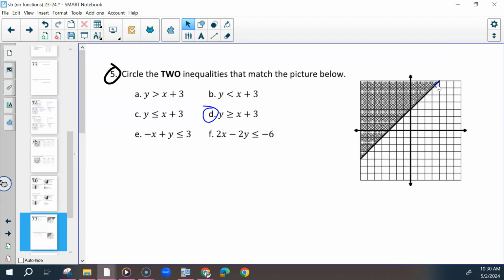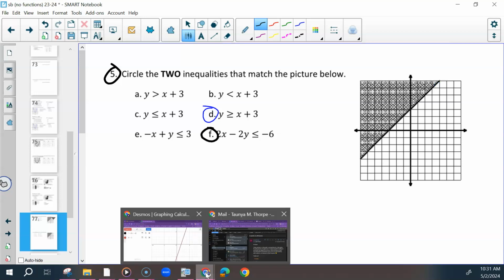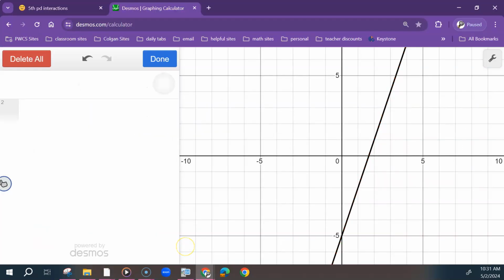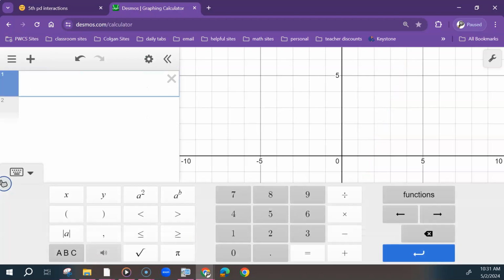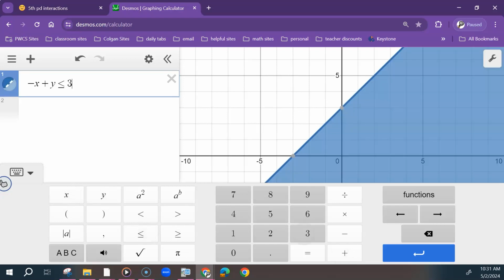And if you put that in Desmos, it would overlap. You might want to see that in Desmos. Because there's only 2. Okay, because this one's close. The line is the same, but the shade is below, not above.